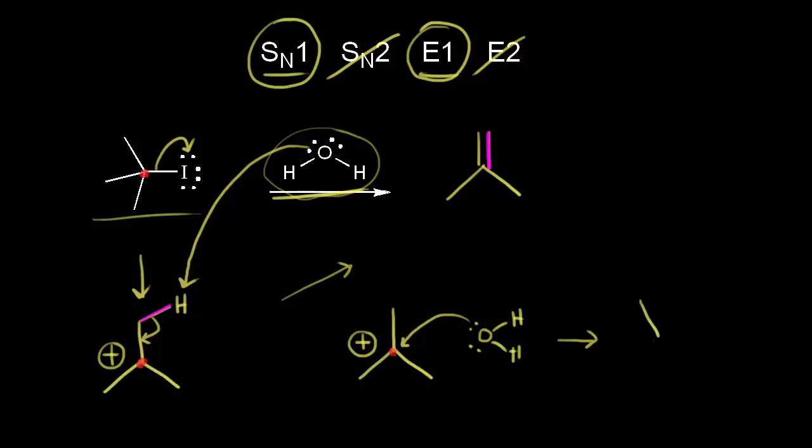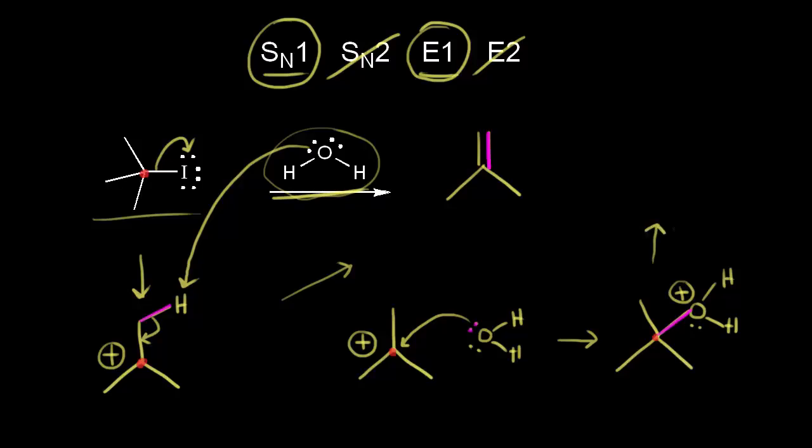So now we have a bond between our oxygen and our carbon in red, which is this one. A lone pair of electrons on our oxygen formed that bond in here, and our oxygen is still bonded to 2 other hydrogens, and still has 1 lone pair of electrons on the oxygen, which gives the oxygen a +1 formal charge.